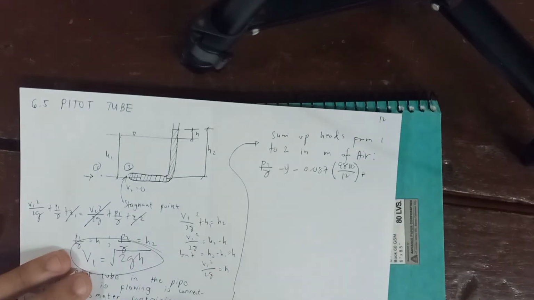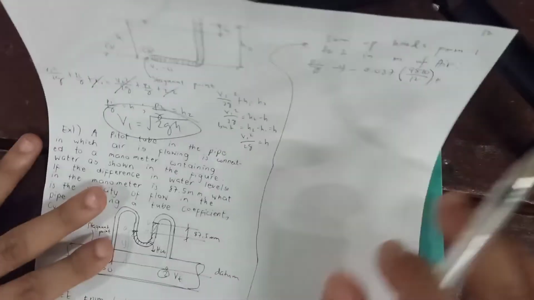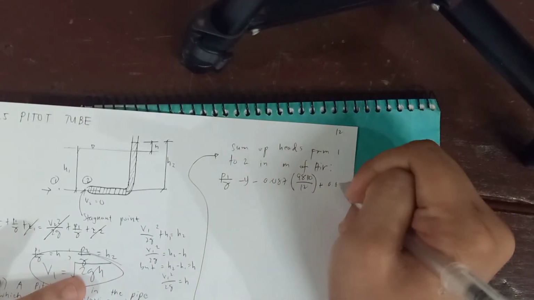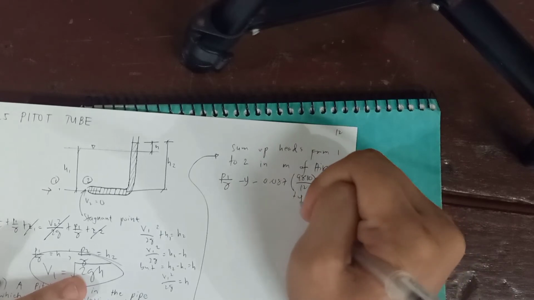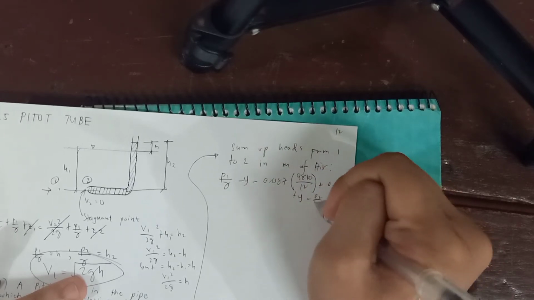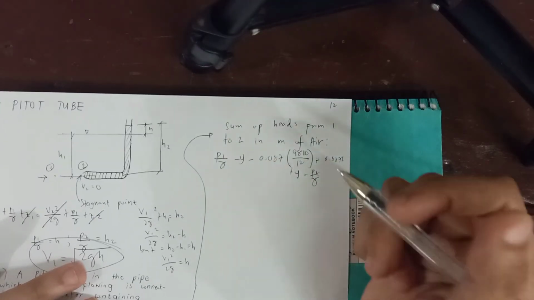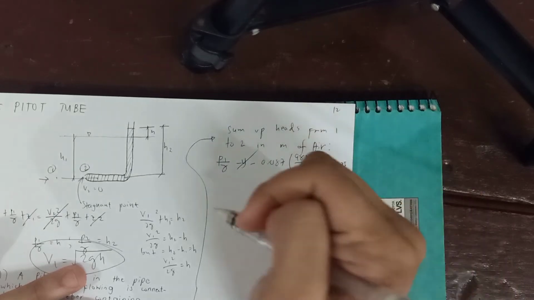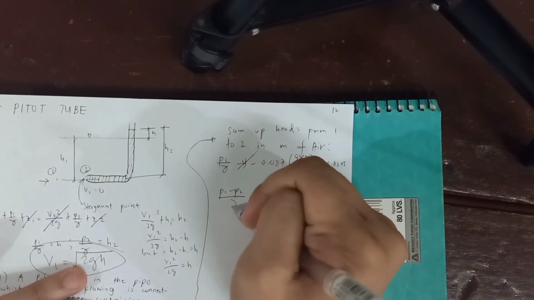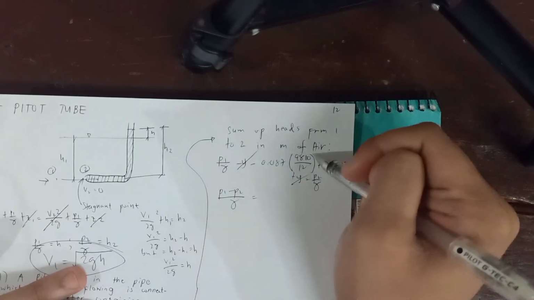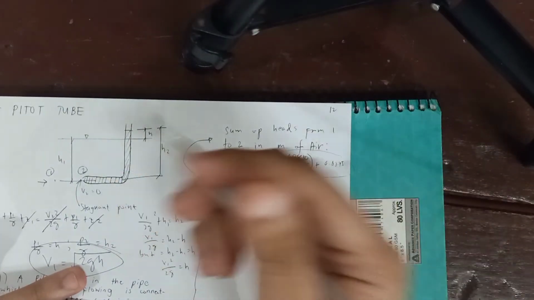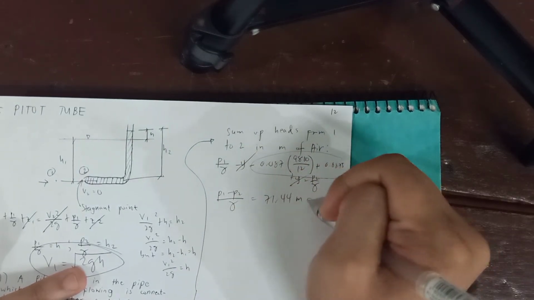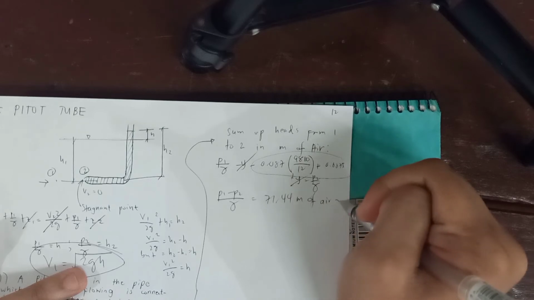Plus, paubos na ta, dari, kaning 87.5 millimeters, so 0.0875 plus y equals to P sub 2 over gamma. So cancel na to ang y. So P sub 1 minus P sub 2 over gamma equals to, sa ito na ning solvon, balance because sides equation, so 71.44 meter of air. So this is the equation number 2.